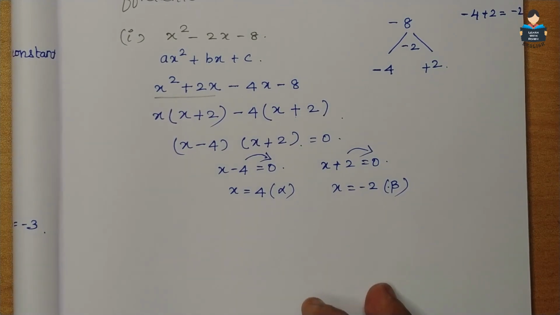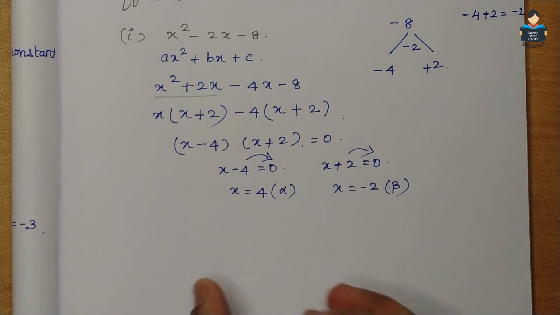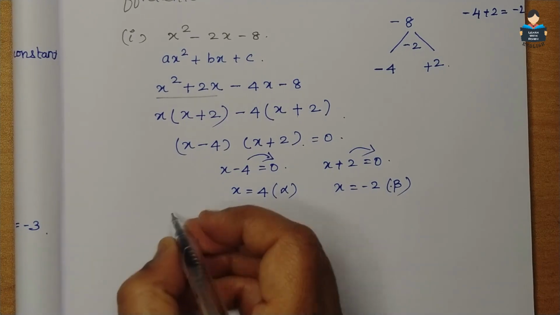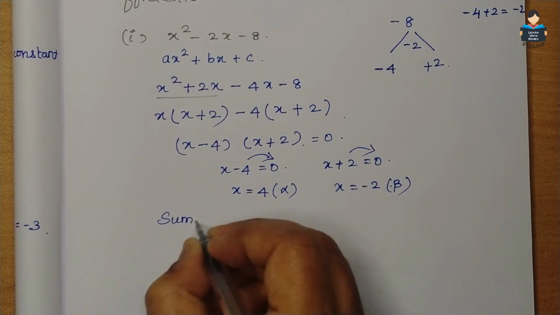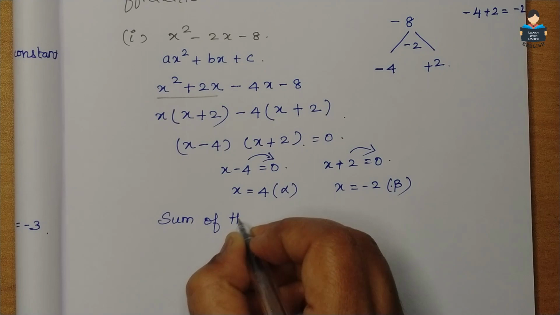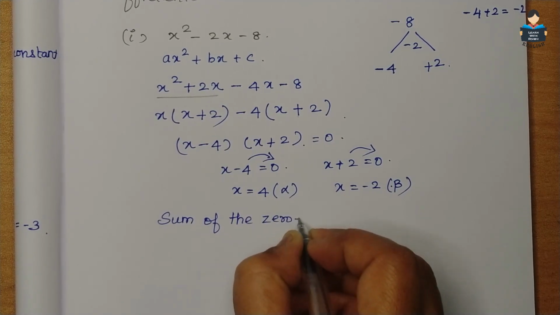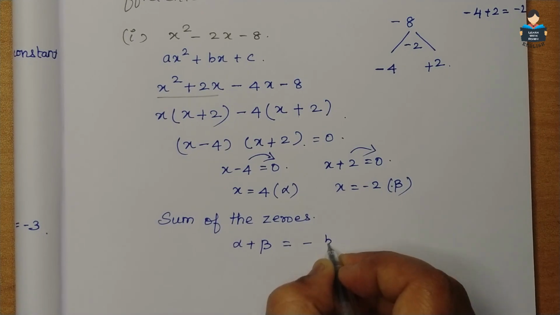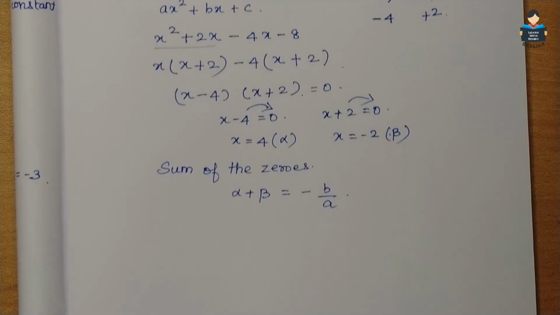Now I have to verify the relationship, as I have found the zeros of the given polynomial. So what is the relationship is sum of the zeros is alpha plus beta equal to minus b by a.